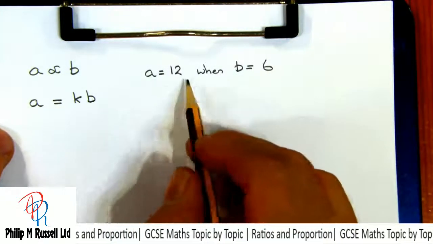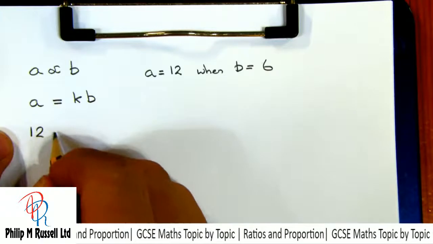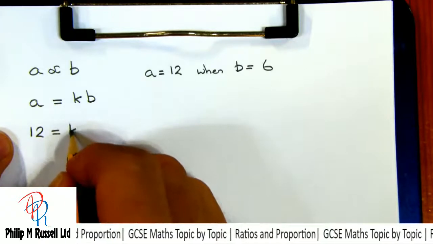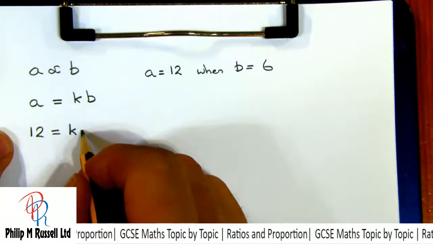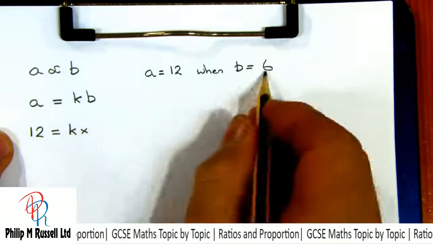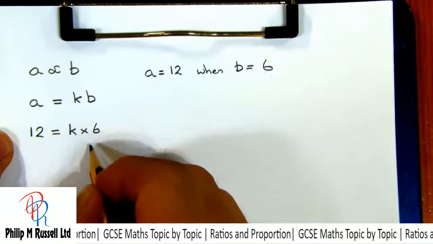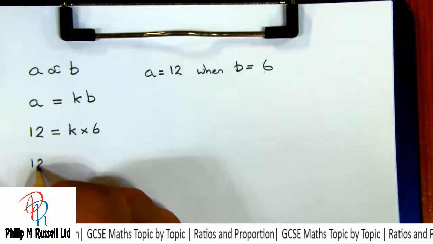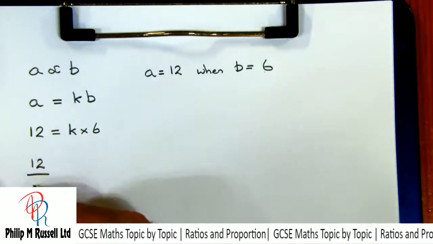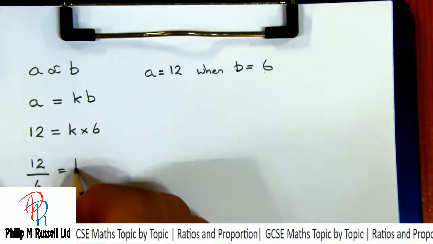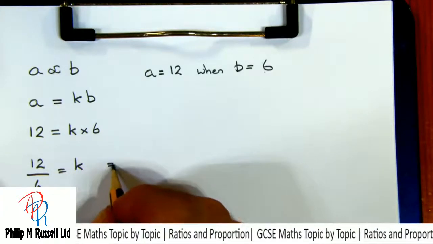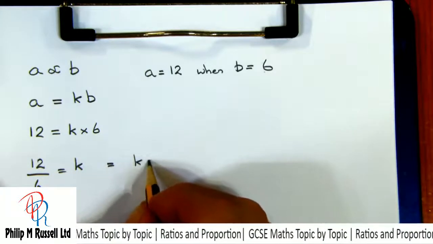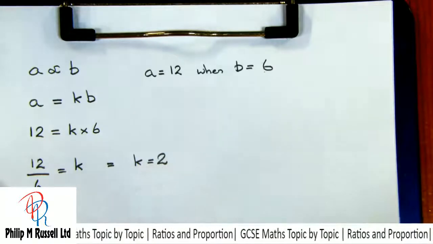So I now know that 12 equals some constant times B, which here is 6. Rearrange this, we've got 12 divided by 6 equals my constant, so my constant here is going to equal 2.